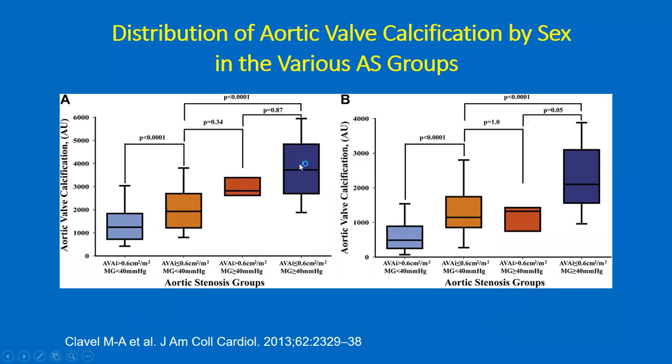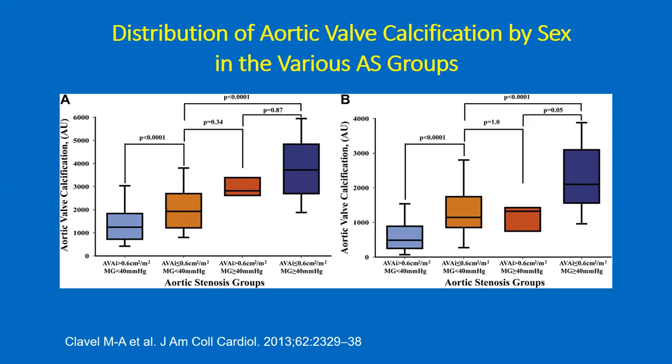Patients who have classic aortic stenosis, in other words, normal flow, high gradients, have a higher calcium score, close to 5,000 in males and close to 3,000 in females.